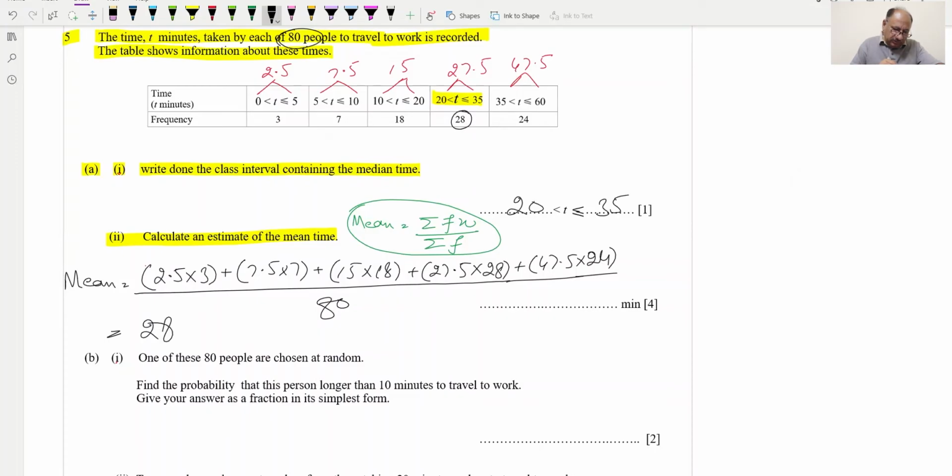So mean is equal to 28, which is 28 minutes.